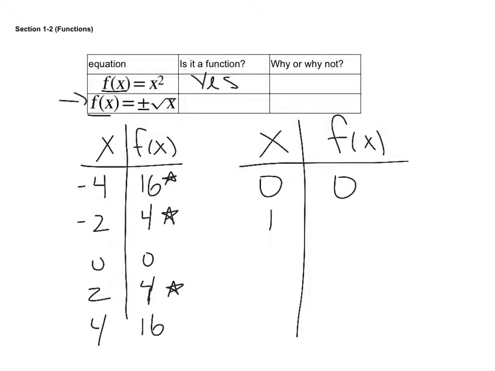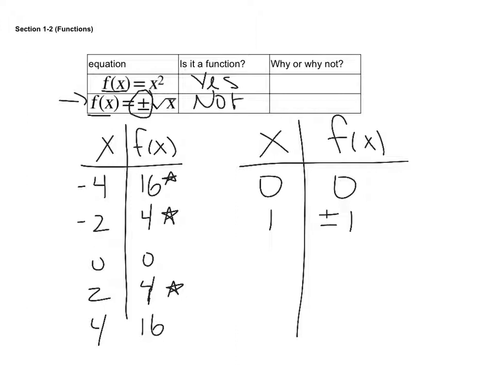The square root of 1 is 1. But look at that thing right there. It can either be a positive 1 or a negative 1. And because of that positive or negative, because it could be either value, each value of x actually has two values for y. So this is not a function. It is not a function.